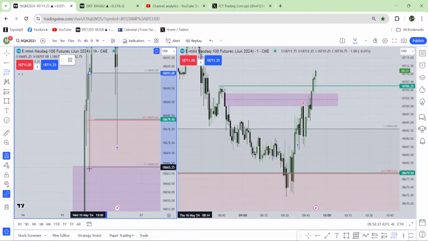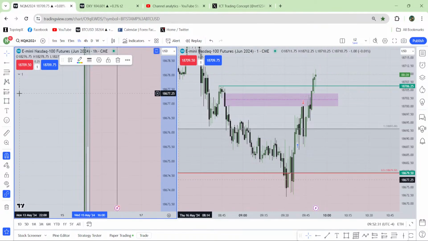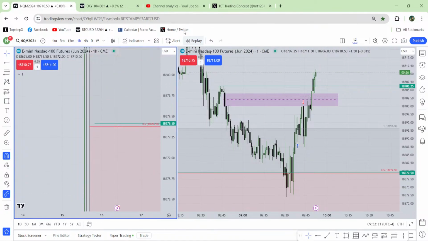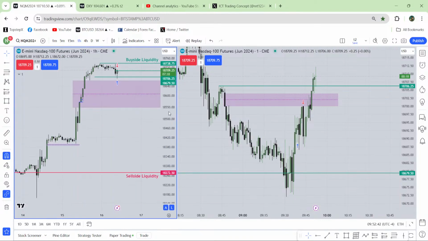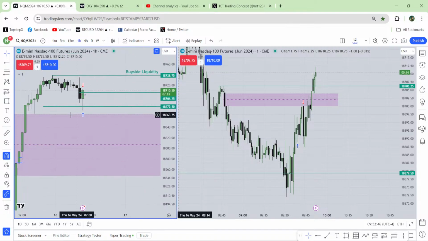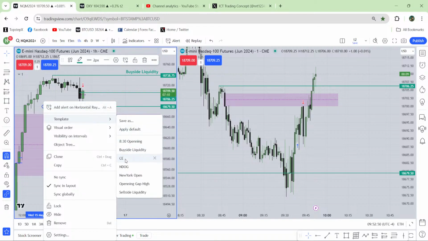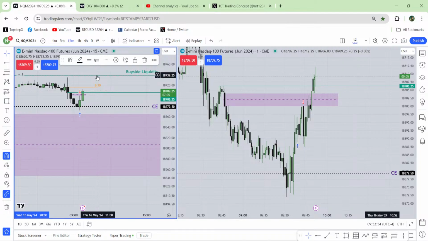So this is the high, this is the low. So over there it came to this 50%, or the constant encroachment of that week, and after that the market is just going higher.